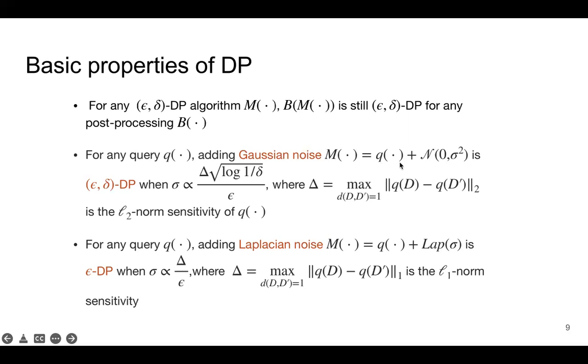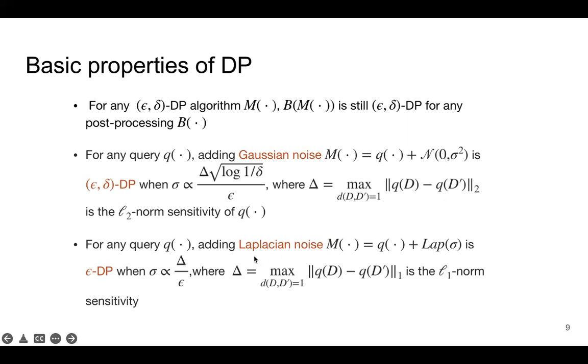If there is a query function, we can directly add Gaussian noise, and it is (epsilon, delta)-DP, where the noise variance is chosen proportional to this parameter. Delta here is the sensitivity, Q(D) minus Q(D prime), where D and D prime are neighboring data sets.